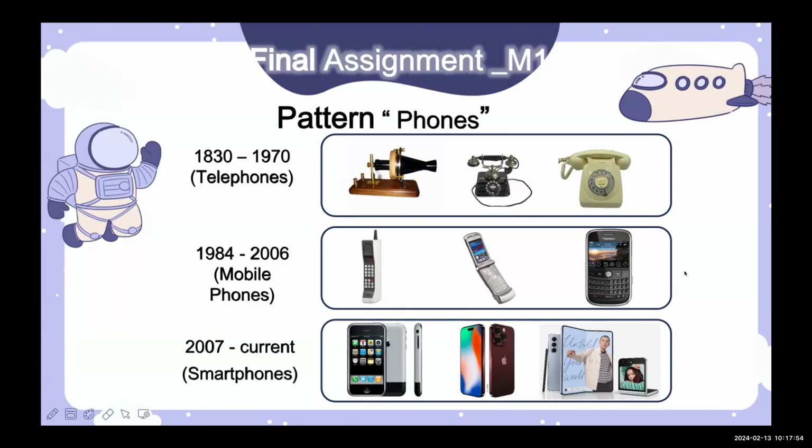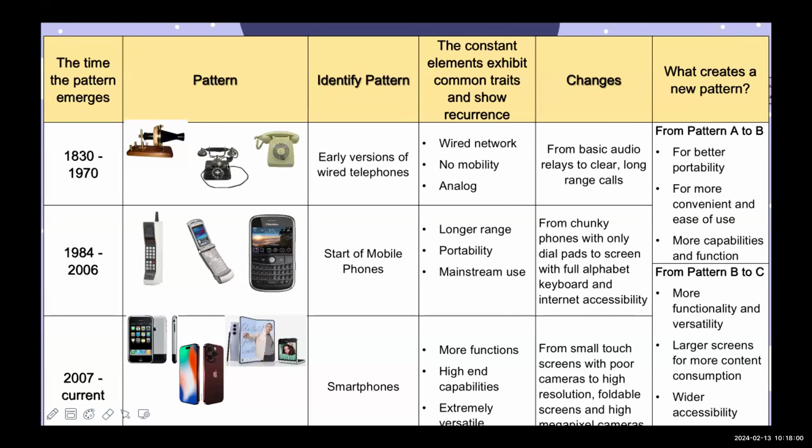For the very first pattern, the description is early versions of wired telephones. The main part is that it is wired. The second pattern is from 1984 to 2006, which is the start of mobile phones, from the very first mobile phone to BlackBerries and the keypad phones of the 2000s.